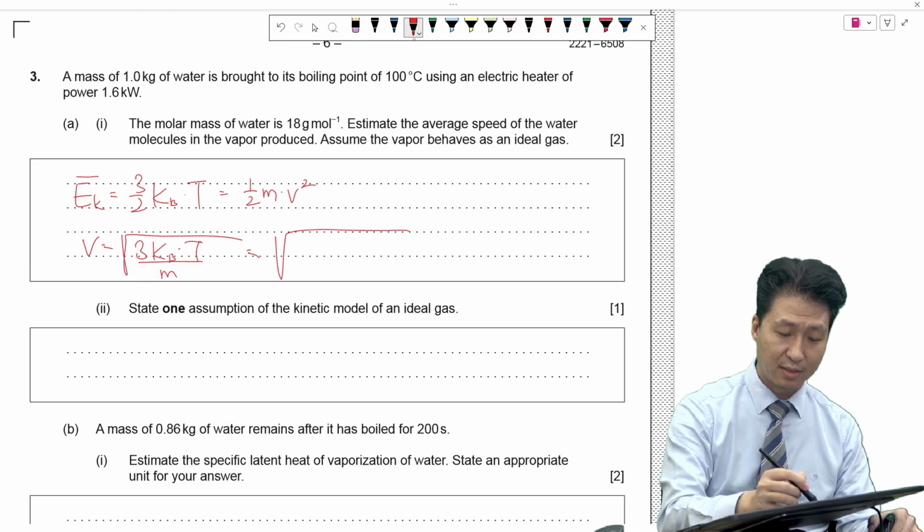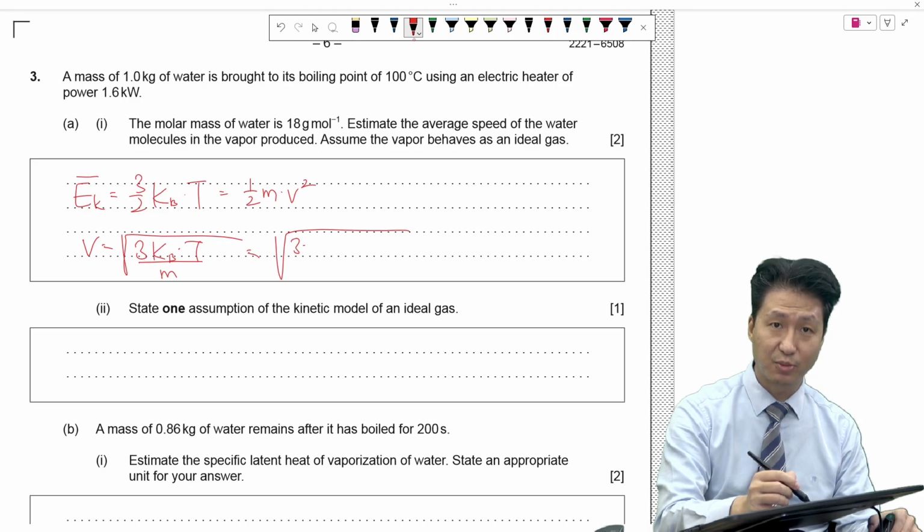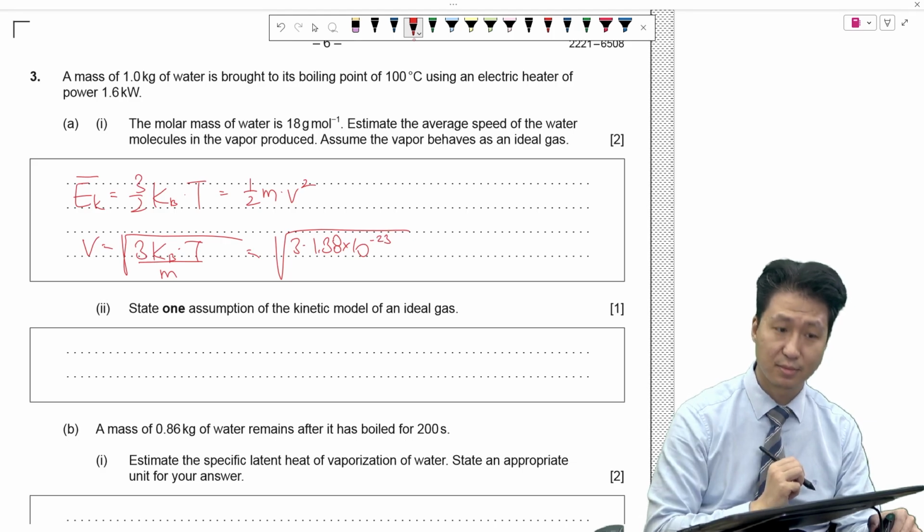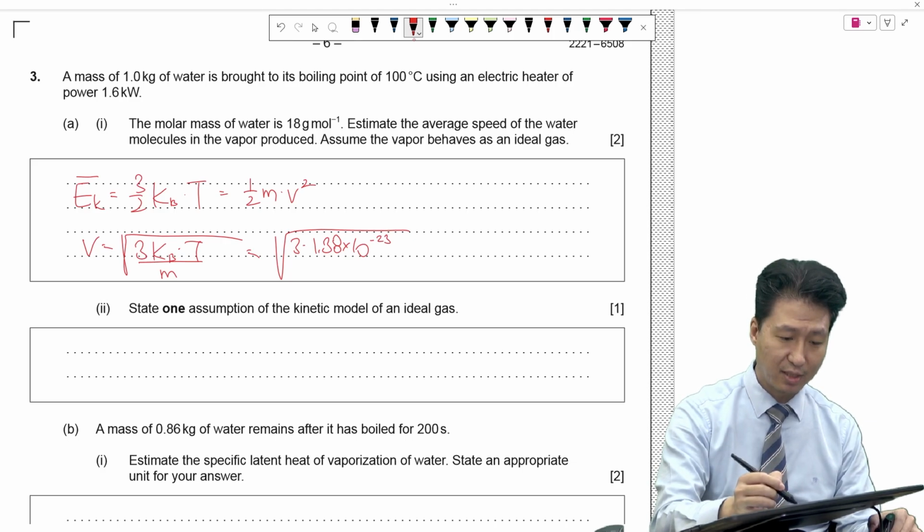In this case, we'll use the physics booklet, which has the Boltzmann constant of 1.38 times 10 to the negative 23. Absolute temperature would be, at 100 degrees Celsius, 373 Kelvin.